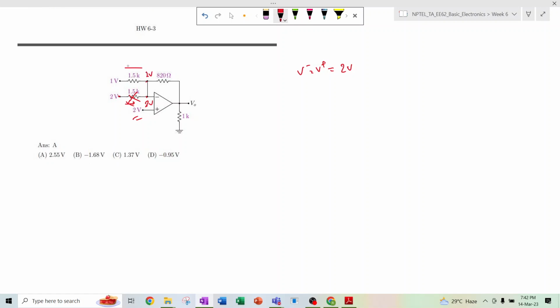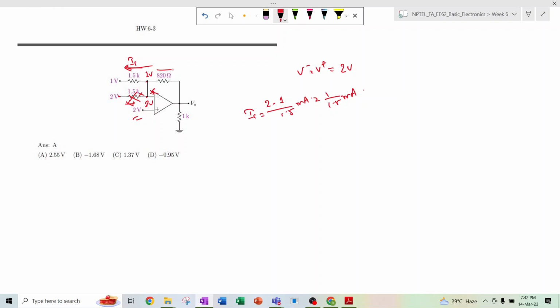So the current flowing through this terminal is 2 volt minus 1 volt divided by 1.5 milliampere. So this much current will flow, that means 1 divided by 1.5 milliampere. This is I1, and no current will flow from this side and no current will flow in this side.